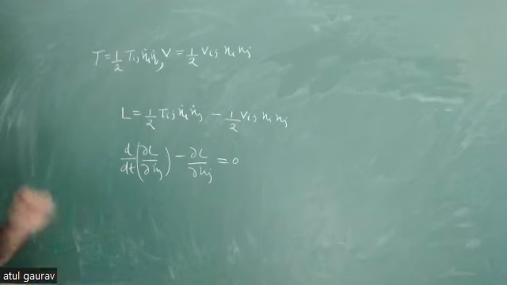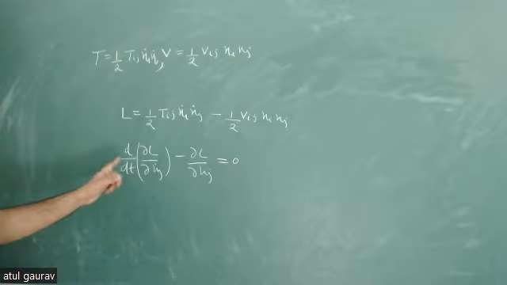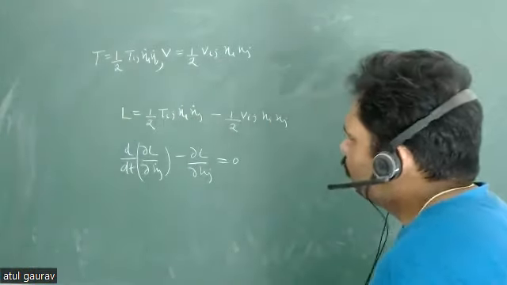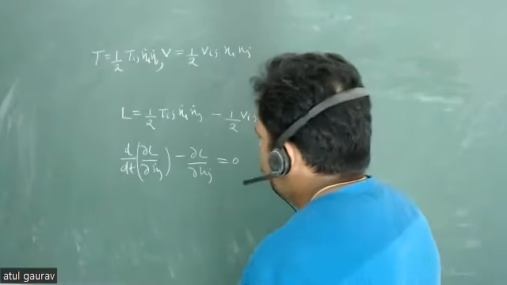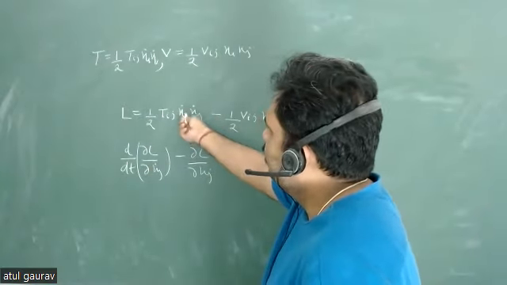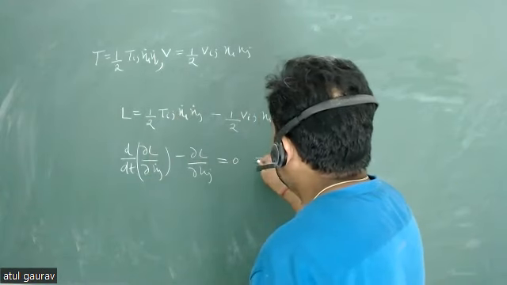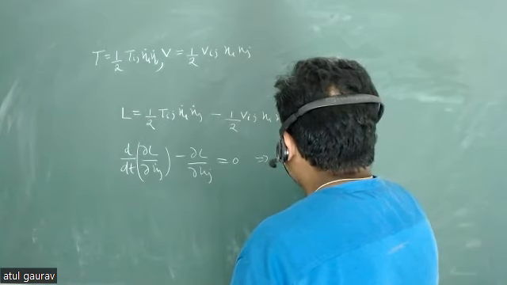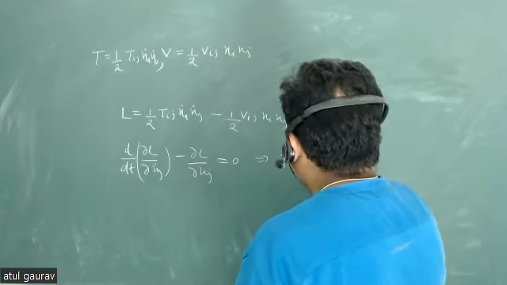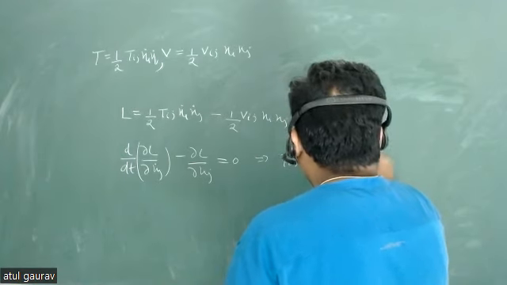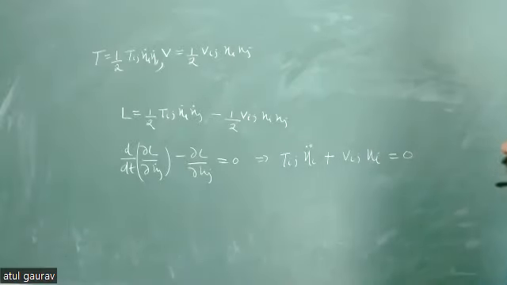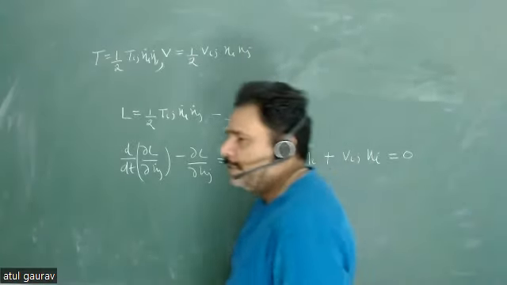Calculate this for the jth coordinate, what remains? For the jth dot, what is left? Eta I dot. So can I write this thing? Tij eta I double dot plus Vij eta I must be equal to 0. Can we do that?